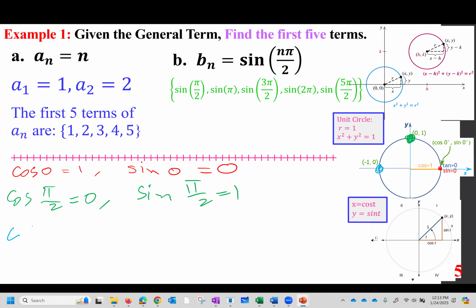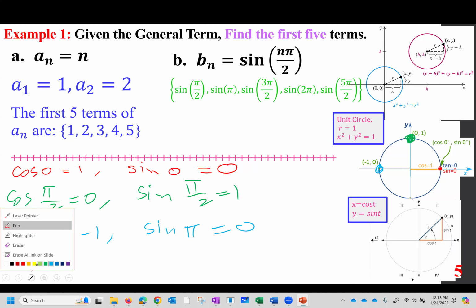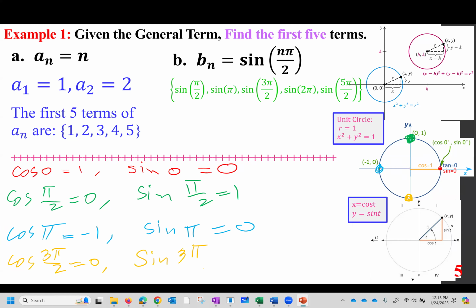Over here, cosine of pi is -1, sine of pi is 0. Over here, cosine of 3 pi over 2 is 0, and sine is -1.